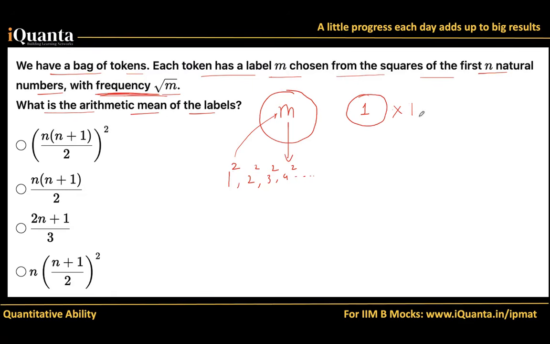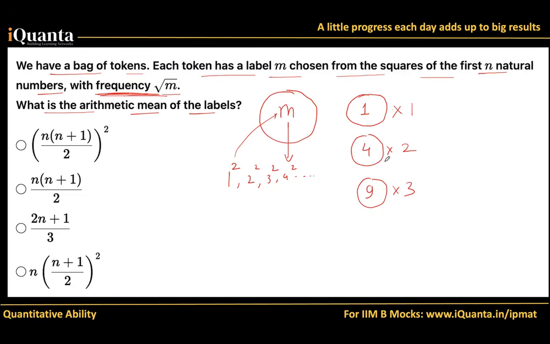So root of 1 is 1 token, right? Then if you talk about the token having label 4, how many such tokens are there? Root of 4, because 4 is m, so root of m is the frequency. That means that is particularly the number of tokens, because frequency simply means the number of times it is occurring. So say there are root 4, that means 2 such tokens. Then if 9 is the label value of the token, root 9, that means 3 such tokens are there.